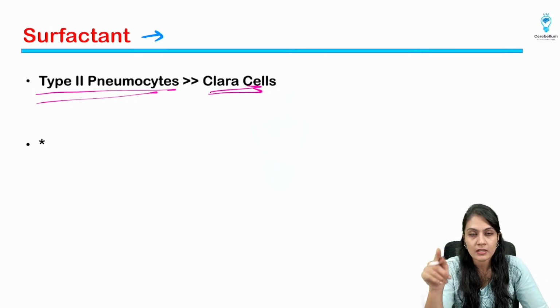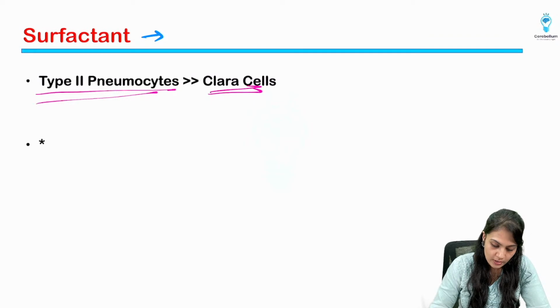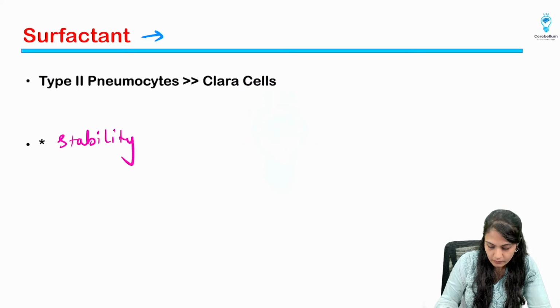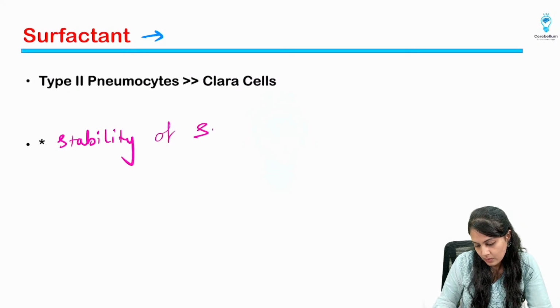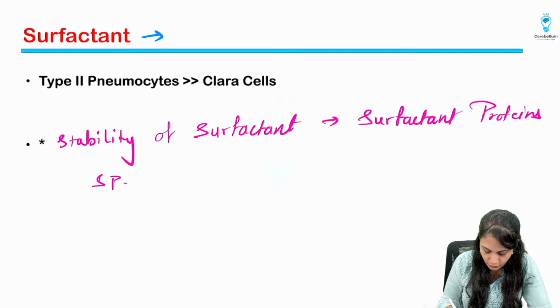Why have I written this? Because yesterday I told you that type 2 pneumocytes generate or synthesize the surfactant, but understand, for the stability of surfactant we require surfactant proteins, isn't it? There are 4 different types of protein: SPA, SPB, SPC and SPD.